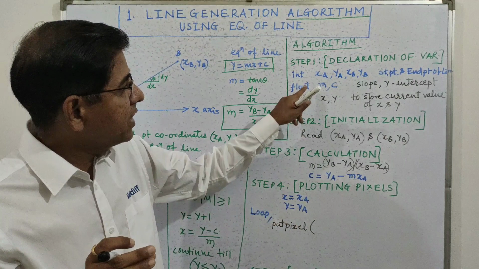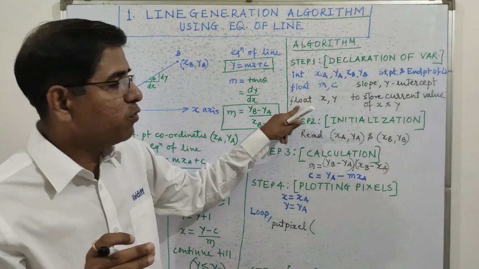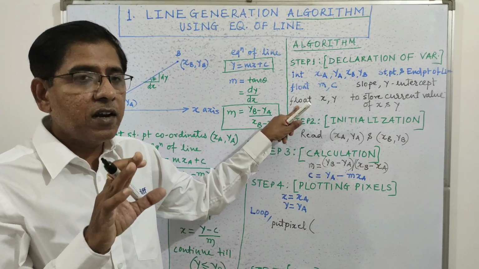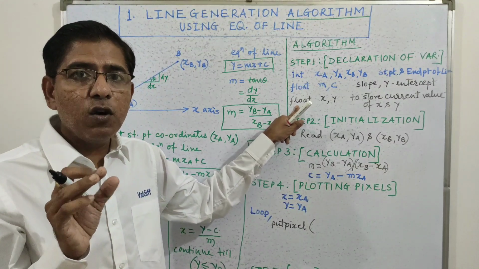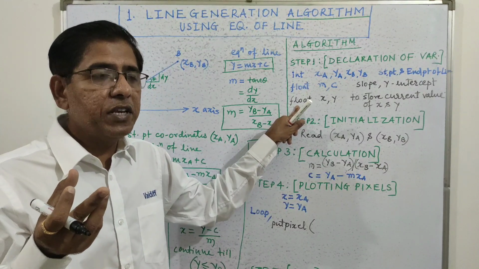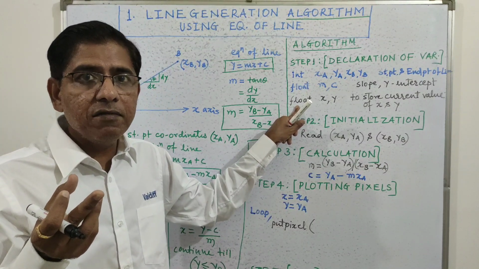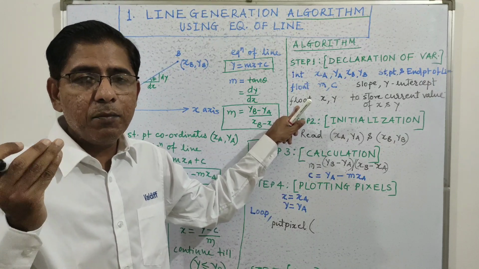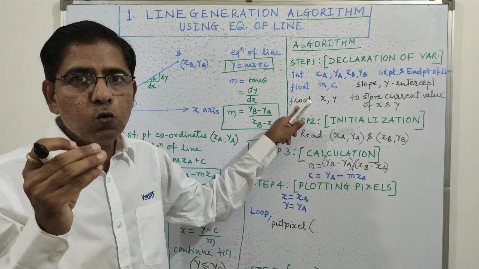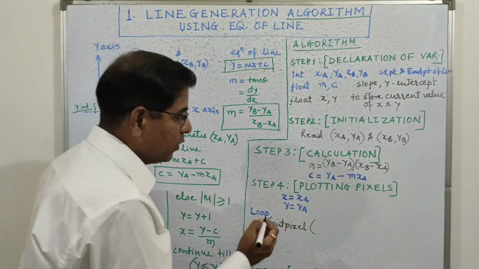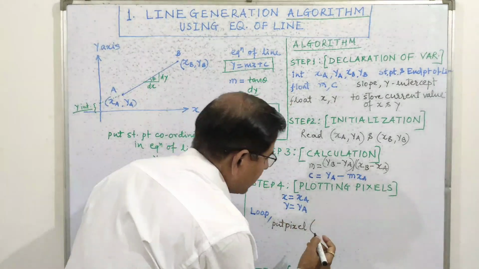Now here we have declared the values of X and Y as float, whereas in a raster screen there can't be a fractional value of X and a fractional value of Y. There can't be a pixel called 1.5 comma 2.75. It can be 2, 2 or 3, so it's whole numbers only. That is why we'll round off the values of x and y.